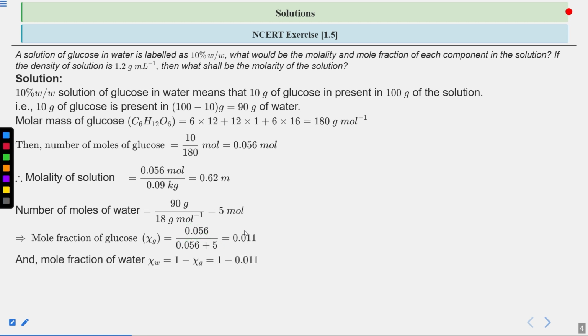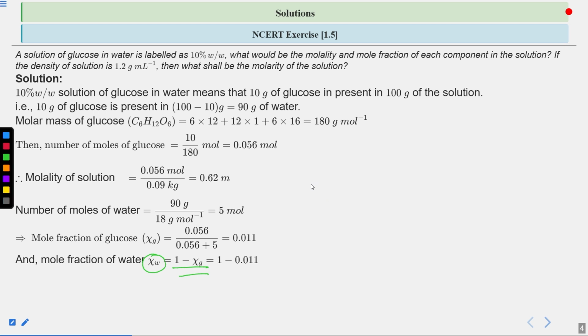Now, since it is a binary solution, the moles of water and the moles of glucose are the only particles present there. Hence, the mole fraction of water will be 1 minus chi of glucose. For any solution, the summation of all the mole fractions is 1.